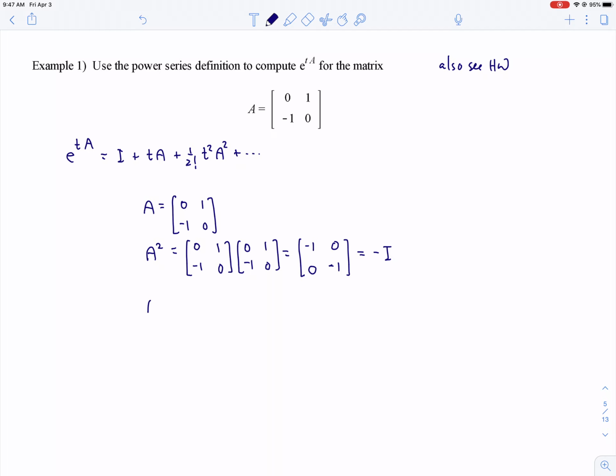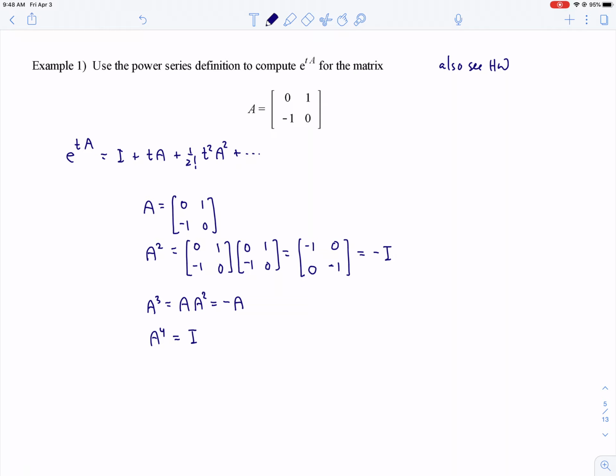So A cubed, which is A times A squared, is just A times minus the identity, is minus A. And A to the fourth, which is A squared squared, is minus the identity times minus the identity, is the identity.